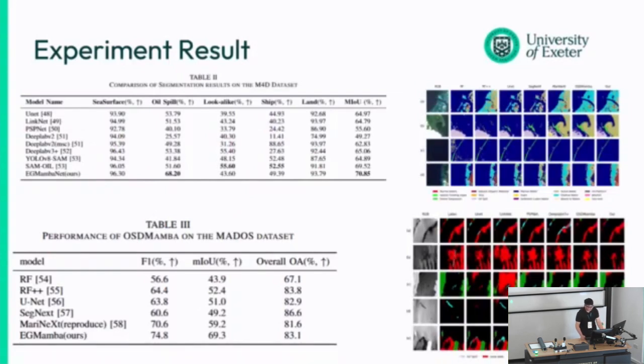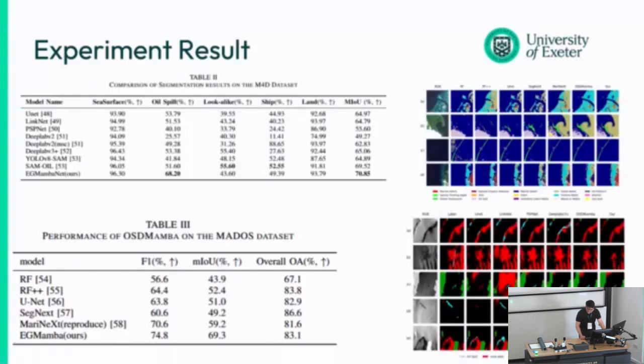When we apply our model on the M4D dataset, we achieve state-of-the-art results. The oil spill intersection over union improves by around 14% compared to the baseline, and the model makes far fewer mistakes confusing oil spills with lookalikes.